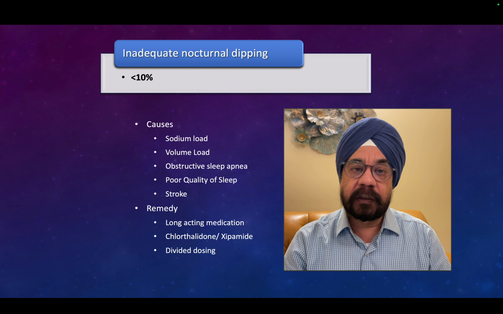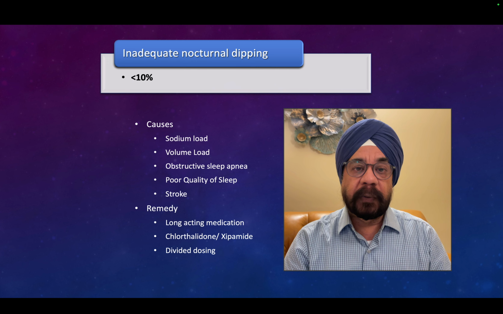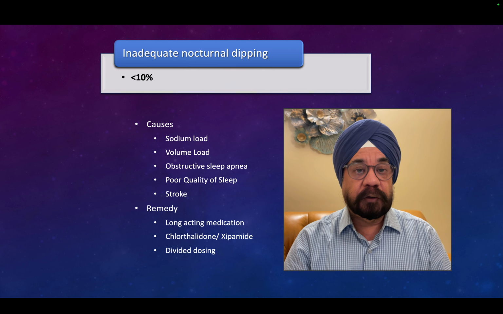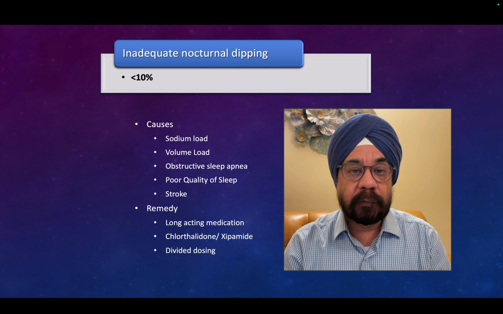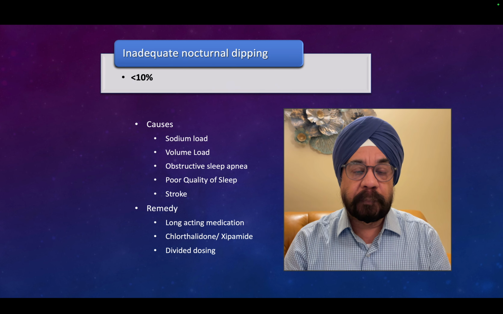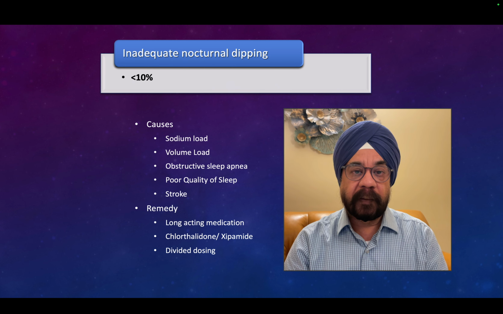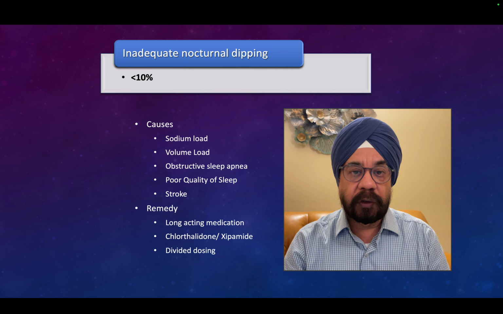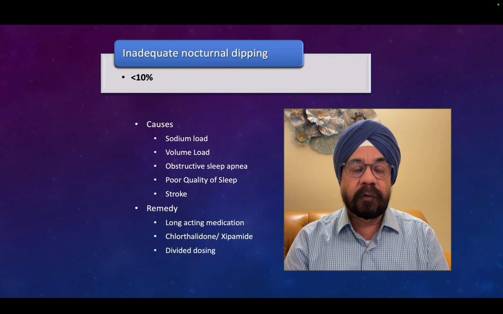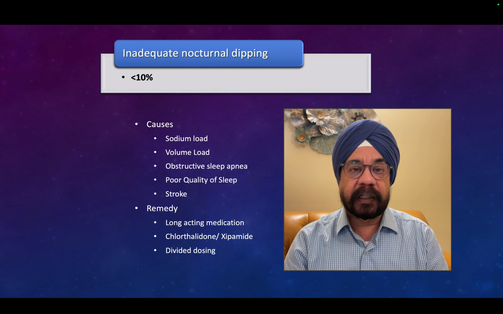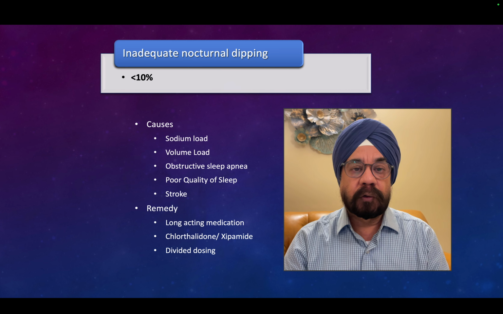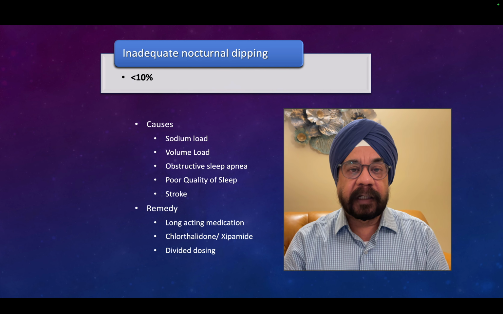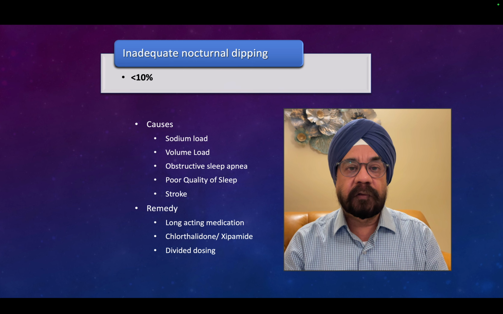And what is the treatment? I'll repeat, the treatment of nocturnal rising or non-dipper is a diuretic, because they are diuretic sensitive, sodium sensitive patients, and over the day the sodium is collected. At night it has to go out of the body through the kidney, and the kidney does natriuresis by increasing the blood pressure.